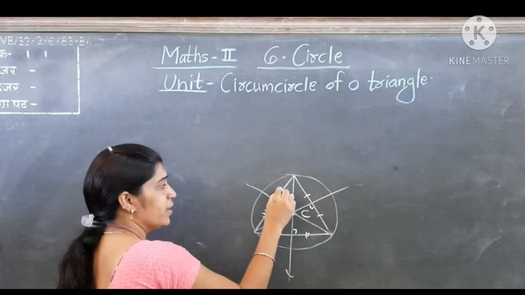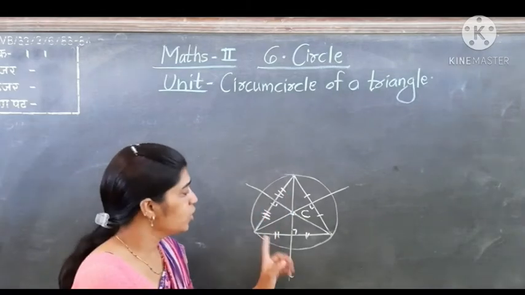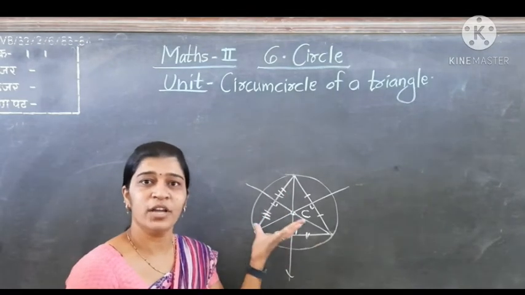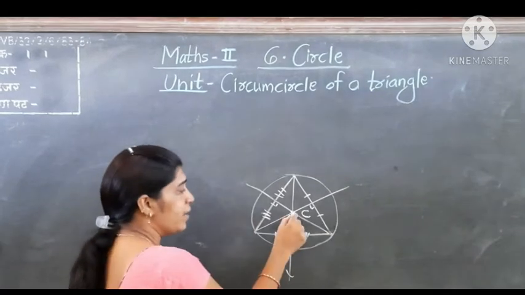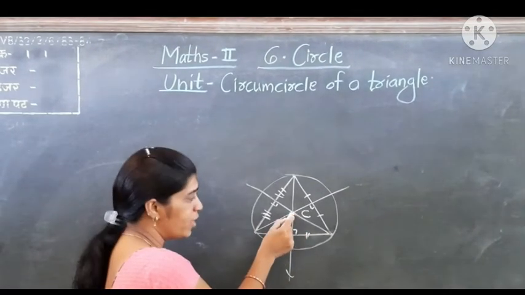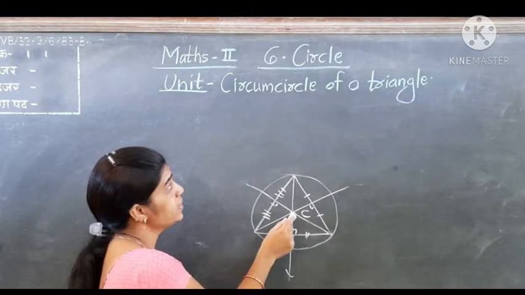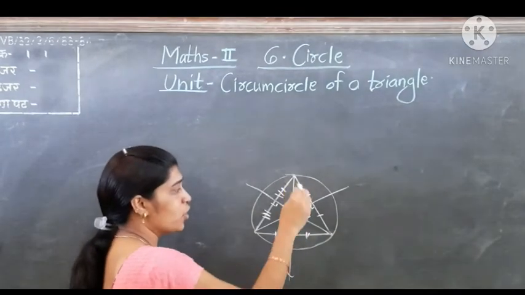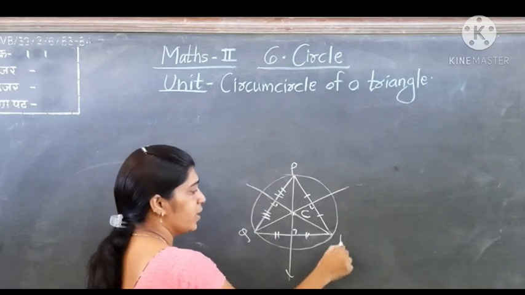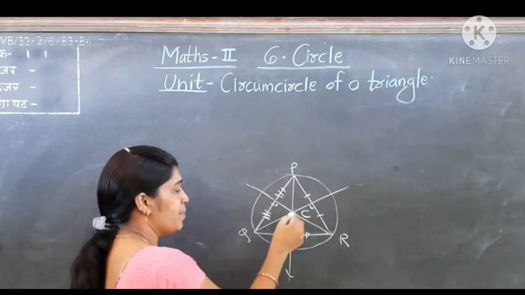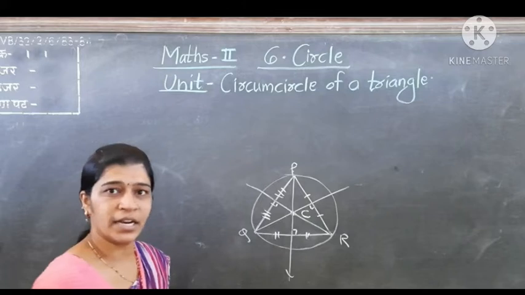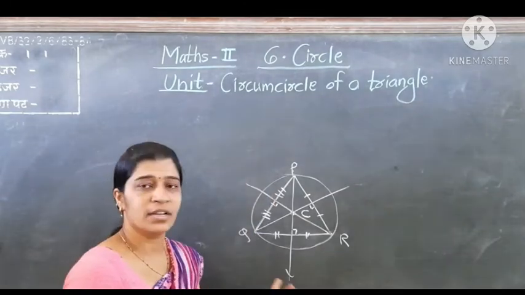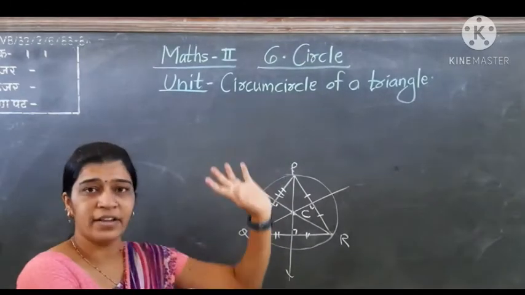We had already learned this in 8th standard. So here we use the perpendicular bisectors, and where they meet we call it the circumcenter, the center of the circle. Suppose the triangle is PQR. Take the radius CP or CQ or CR and draw the circle of the triangle.